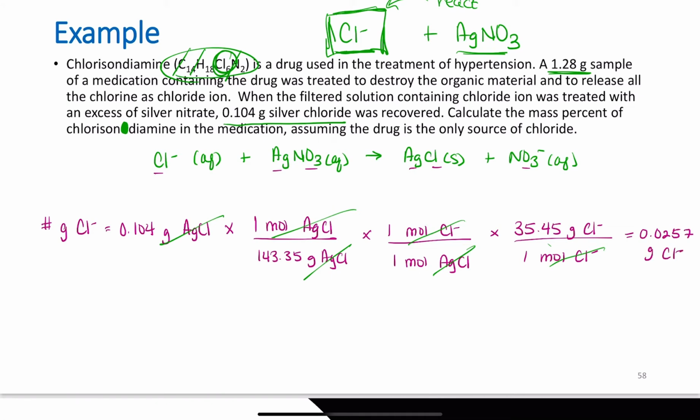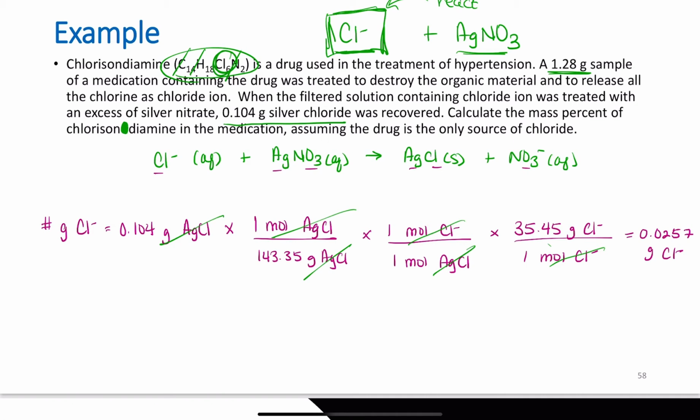I want to know the mass percent of the drug, assuming it's the only source of chloride. I know I'm using a 1.28 gram sample. What I can do here is I know that the chloride is the only thing coming from that drug itself.